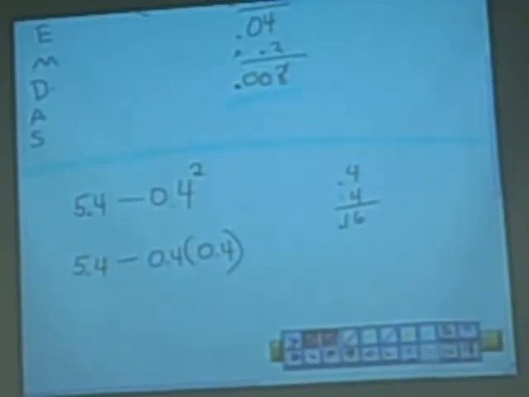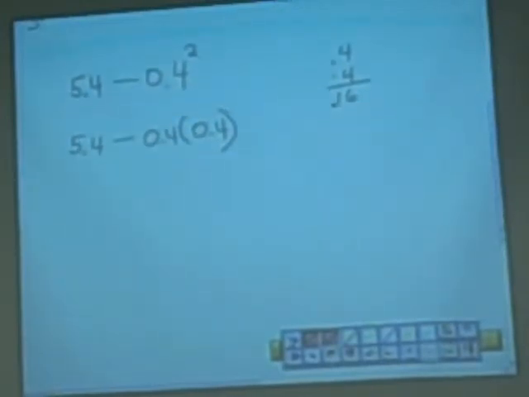So that's 0.16. Okay, so what we have here now is 5.4 minus 0.16.